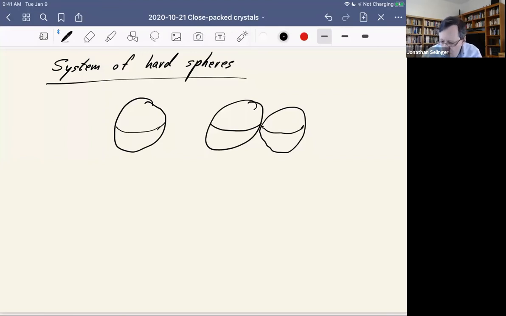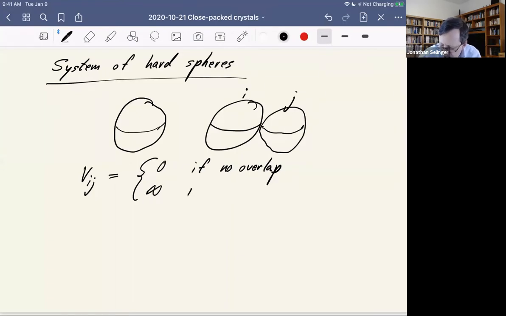Right? So that means that there is some interaction between different spheres, a potential energy between spheres I and J. Let's call this number I and number J. And that interaction is 0 if no overlap, and it is infinity if there is some overlap.